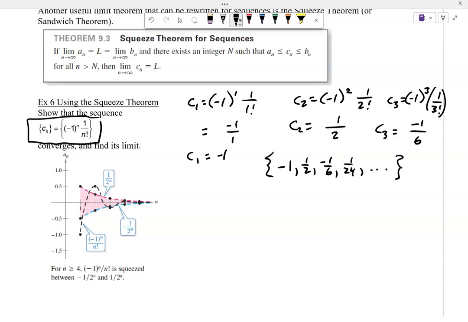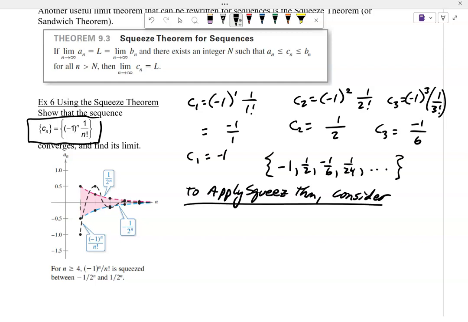Now I kind of gave away a little bit on this to exemplify the squeeze theorem. What it is squeezed by, in other words, a lower bound and upper bound. So to apply the squeeze theorem, consider a_n being negative 1 over 2 to the n, right?